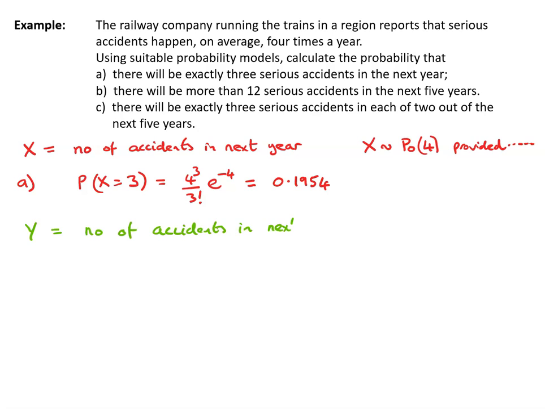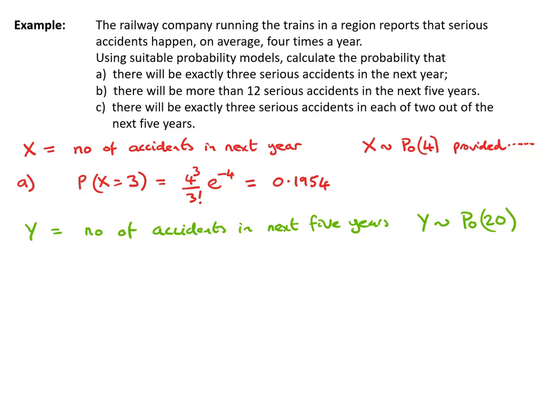If we now consider y as the number of accidents in the next 5 years, well, we've got 4 accidents a year, so we'd expect there to be 20 accidents in the course of the next 5 years. So y is going to be Poisson with lambda equals 20.